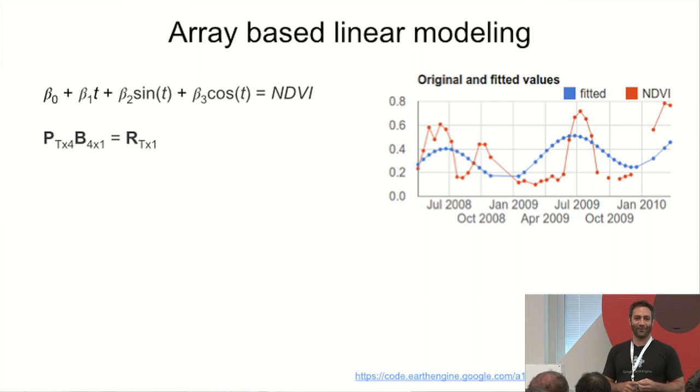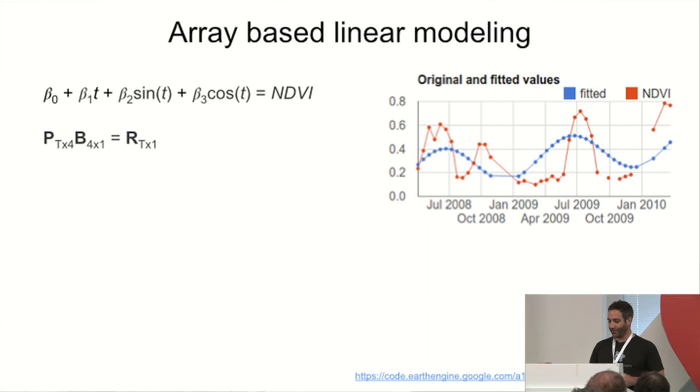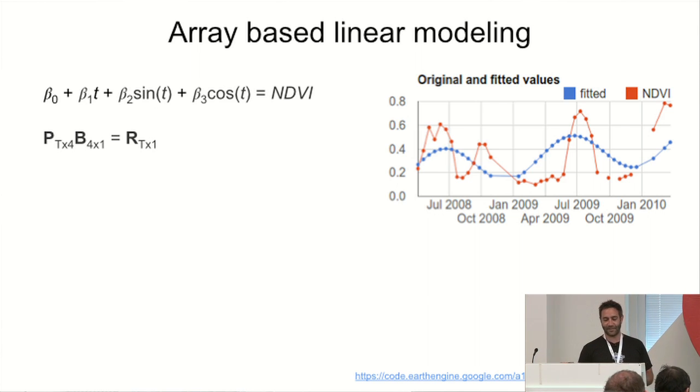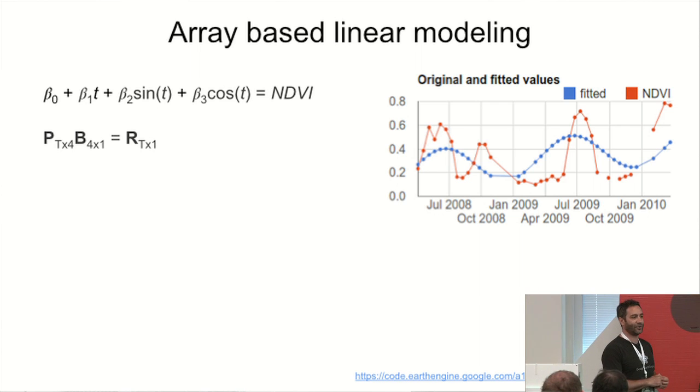You've got some spectral index over time, and you're hypothesizing that the shape of that time series is harmonic, with one cycle per year, and therefore you can model it as a constant value, according to this linear equation here: a constant value plus a linear trend on time, plus a sine and cosine term.